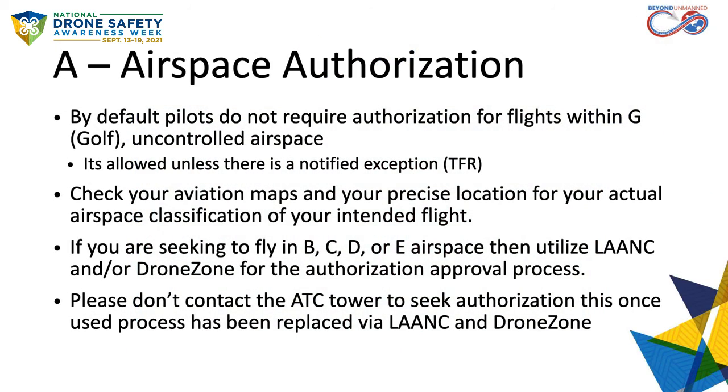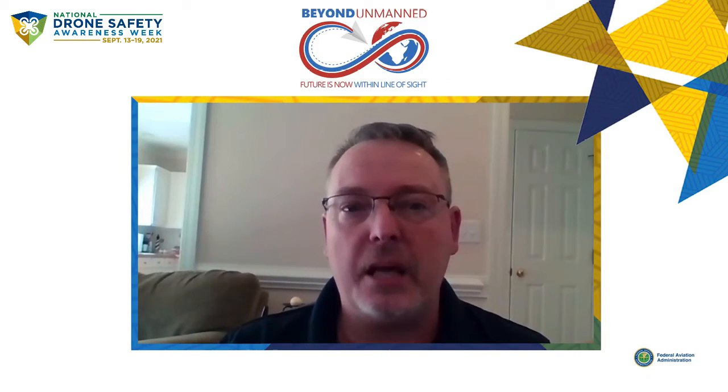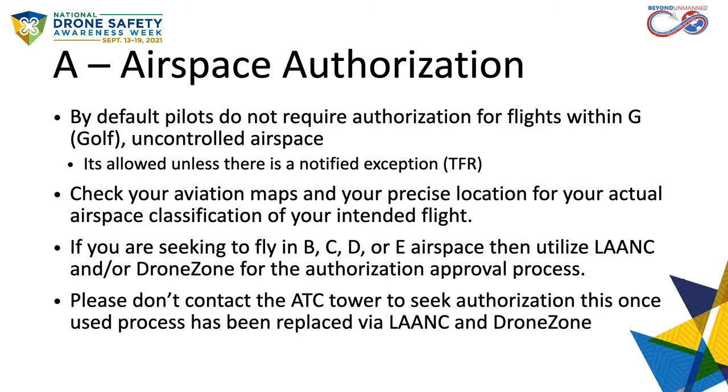Letter A, airspace authorization. By default, through the FAA regulations, pilots do not require any additional authorizations for flights within Class G or uncontrolled airspace. There may be an exception though when there's a TFR in effect, and we'll talk about those in just a moment. You should check your aviation maps and understand your precise location and what the actual airspace classification is for your intended flight.